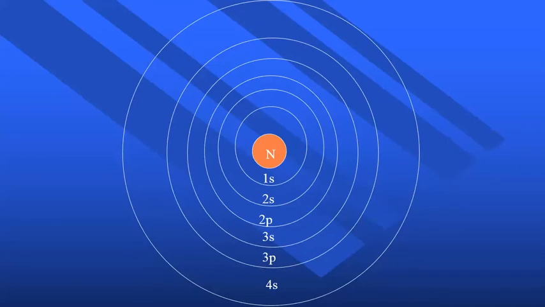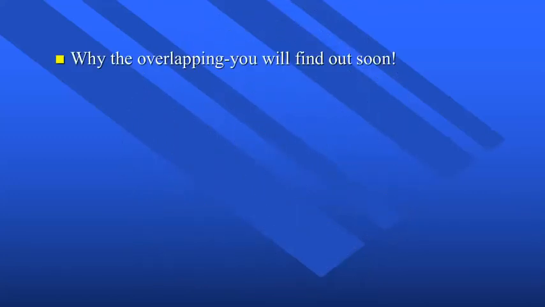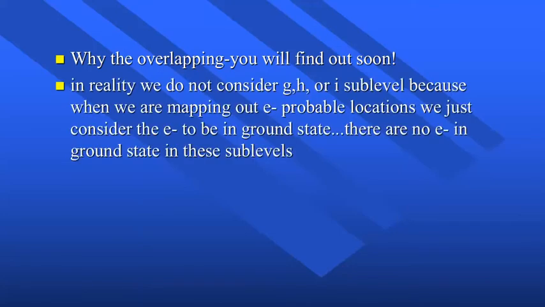And what comes after the fourth town's S? The third town's D. Good! That means you understand it. If it doesn't make any sense, that means that you are a rational human being and that you're doing just fine. Why did the 4S come before the 3D? You will find out eventually.